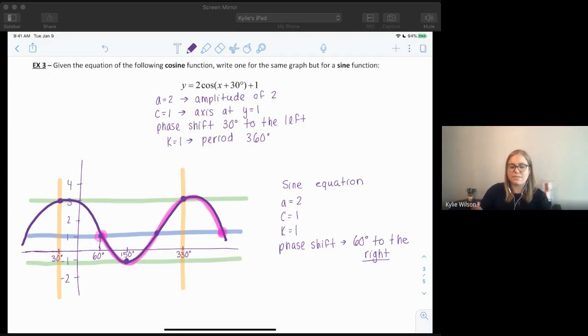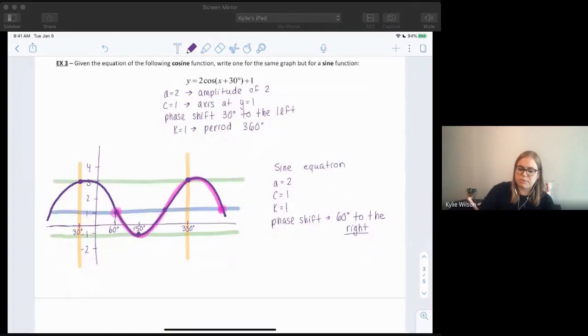And finally, our reflection. So remember, my parent function of my sine goes up and then down. But in this example, we're going down and then up. So we do have a reflection in the x axis.